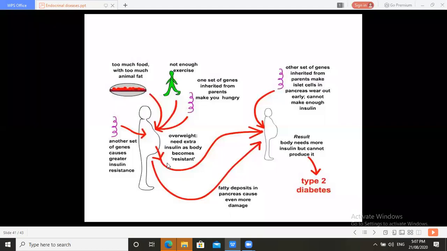Polydipsia, that is increase in thirst. Polyphagia, intake of excess food. Polydipsia is there, polyphagia is there, polyuria is there. You remember this: polyuria, polyphagia, polydipsia. Although there is polyphagia, the weight loss is very marked in type 1 diabetes mellitus also.